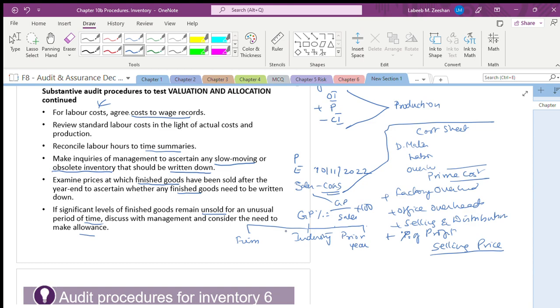Why are we concerned about unsold goods? When you talk in terms of unsold, definitely the expiry date will influence.